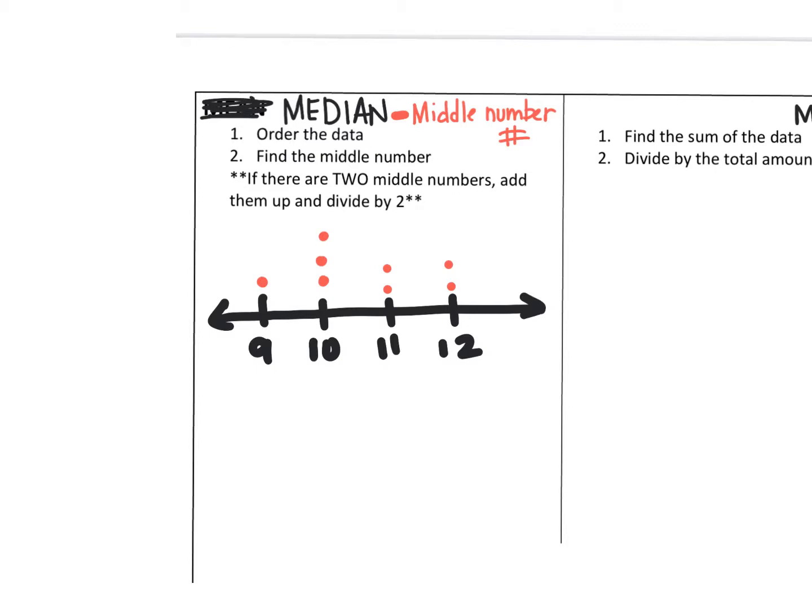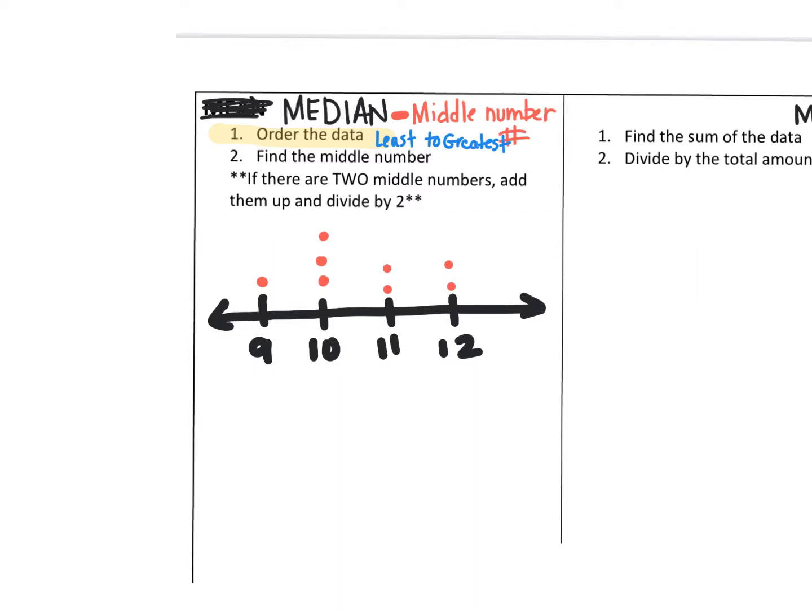So the fastest way for you to do it is, the first thing you want to do is order the data. So let's do that. Let's order the data. And we always order it from least to greatest. Okay, from least to greatest. Don't forget you're writing all of this down on your paper.